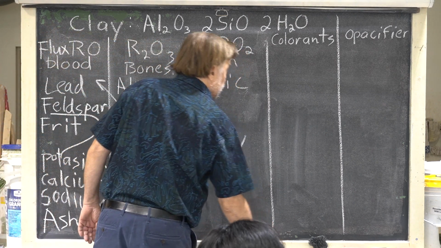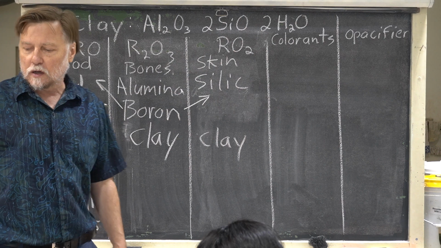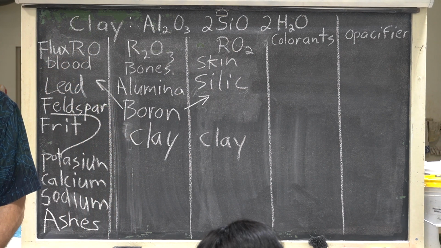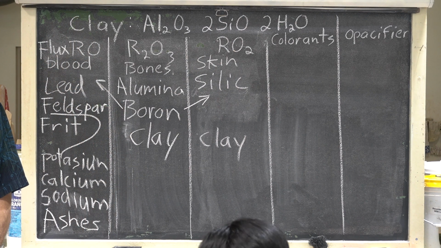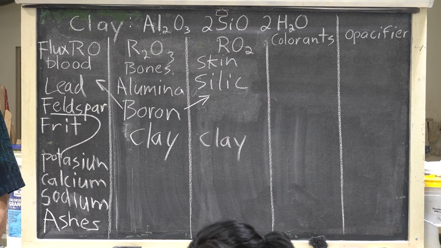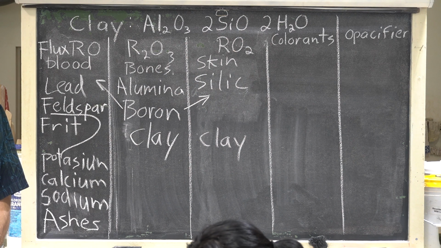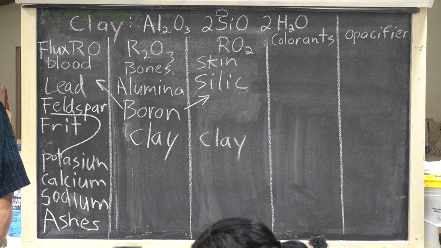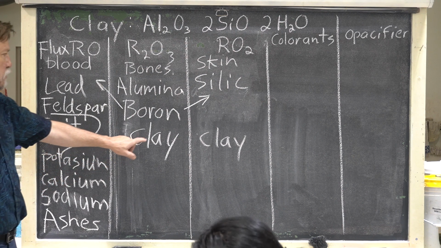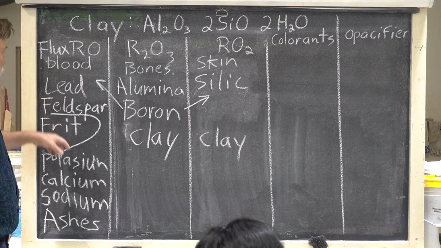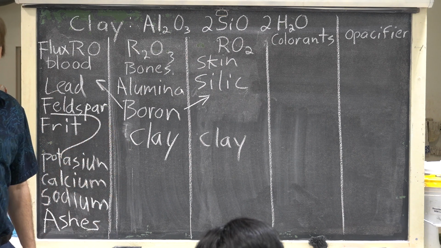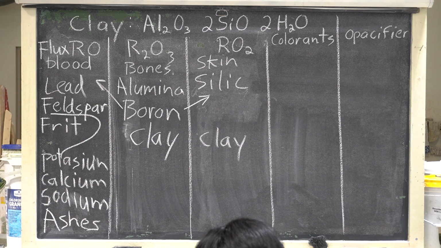And so for colorants, what do you think creates the colors in glazes? Yeah, but what chemicals? What kind of chemicals? I mean, you'll have trace minerals in clay and some of these others that can add a little bit of colorant to the piece. And this is by no means an exhaustive thing.